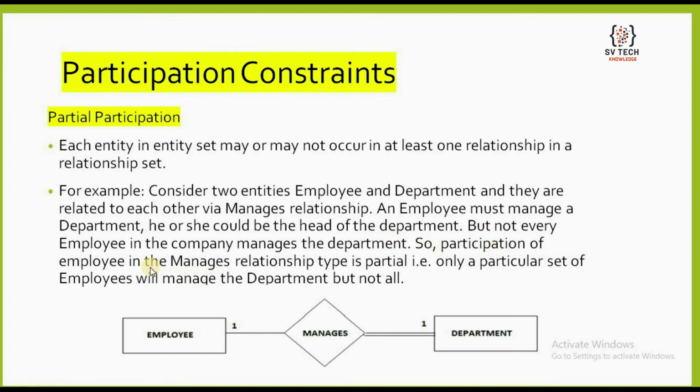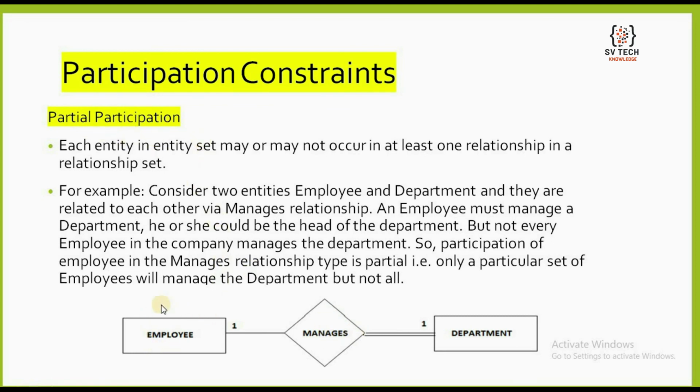So the participation of employee in the manages relationship type is partial. Only a particular set of employees will manage departments, but not all. So it is called partial participation.